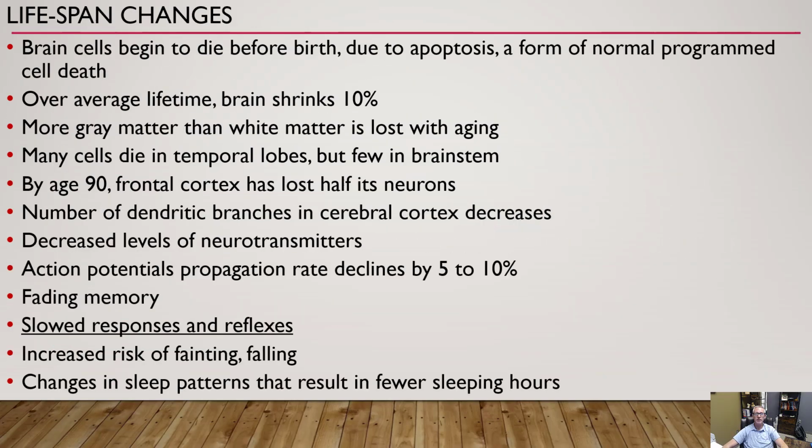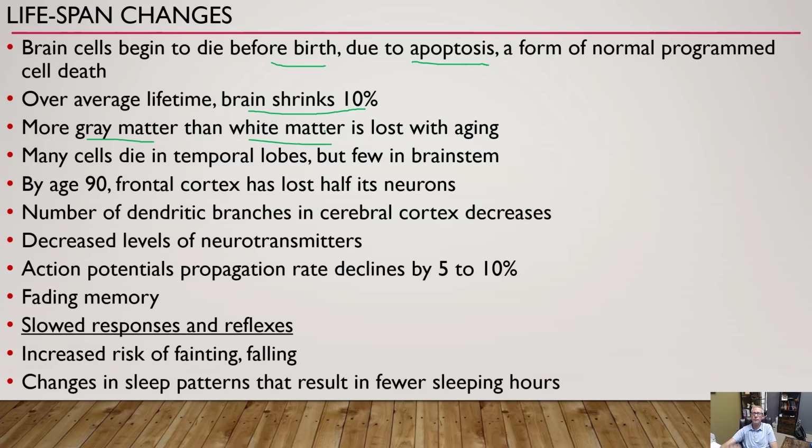All right, lifespan changes. Your brain cells actually begin to die before birth. Remember we talked about apoptosis, that natural programmed cell death. Over your lifetime, your brain mass shrinks about 10%. More gray matter is lost than white matter due to aging.